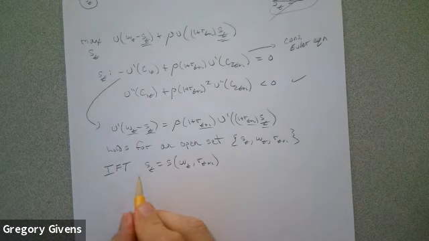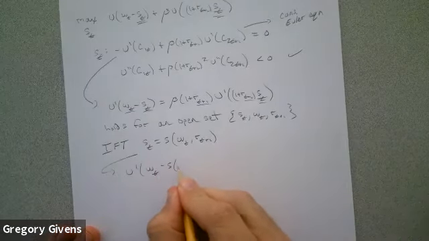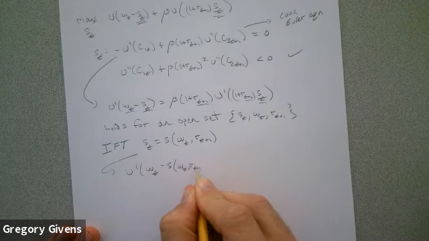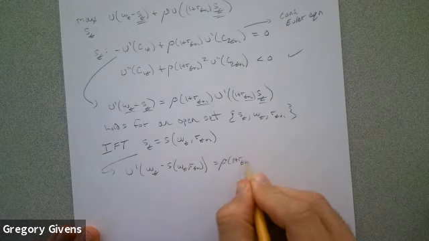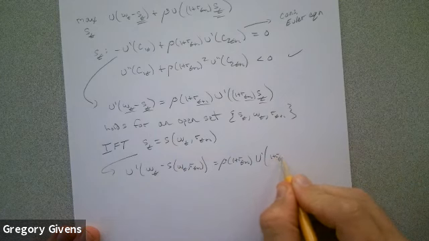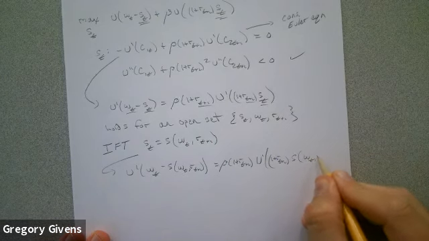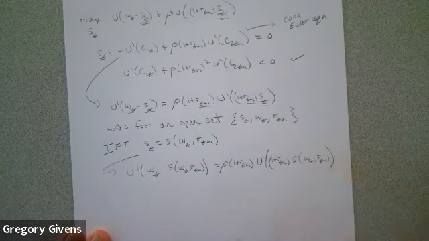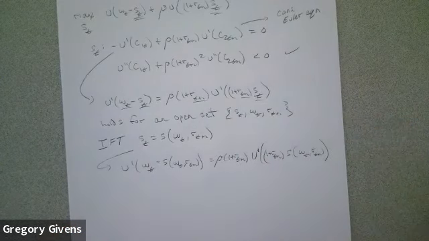And the first order condition can be rewritten as U prime of WT minus S of WT, RT plus 1 is equal to beta times 1 plus RT plus 1 times U prime of 1 plus RT plus 1 times S, which again is a function of WT and RT plus 1. That's going to be useful for us.